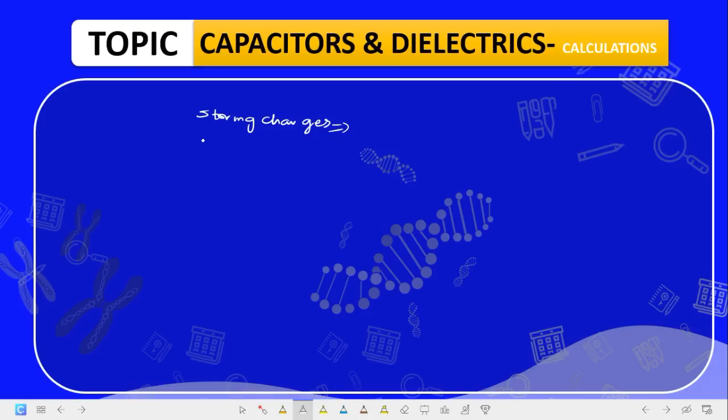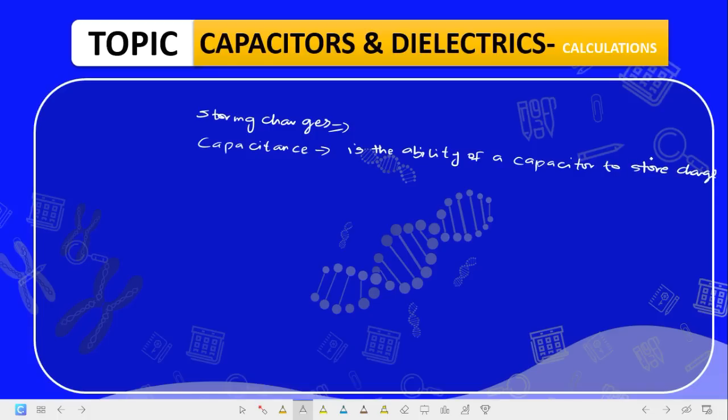Now, the capacitor has what is called the capacitance. The capacitance is the ability of a capacitor to store charge, to store the charges.